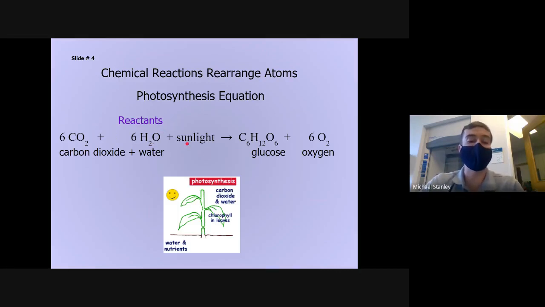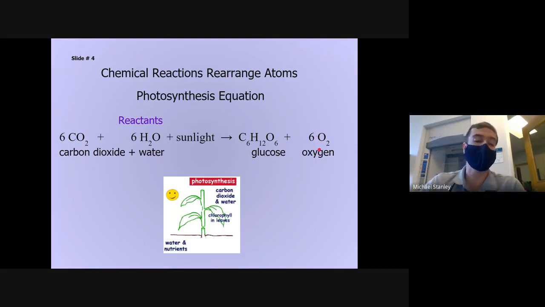When the plant gets energy from the sunlight, it can turn this carbon dioxide and water into glucose, which is this big 6-carbon molecule right here, which is a form of sugar that they use for food, and oxygen.